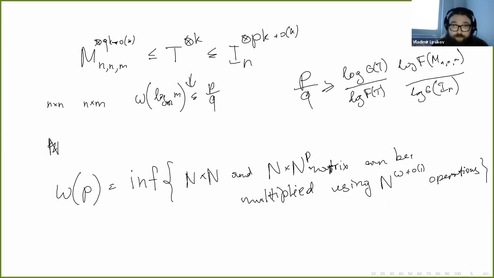And these kinds of barriers were proven by Alman and Vassilevska Williams using slice rank for square matrix multiplication, and also by Christandl, Vrana, and Zuiddam using their quantum functionals, which are also monotone.